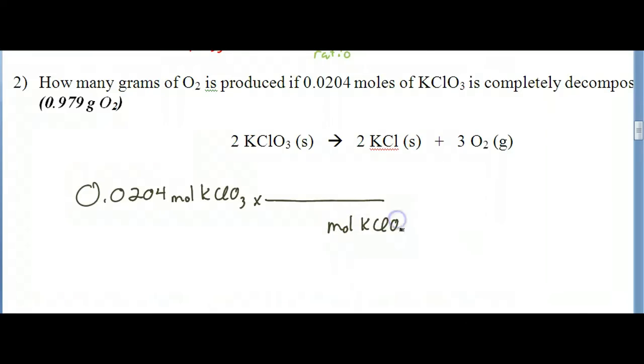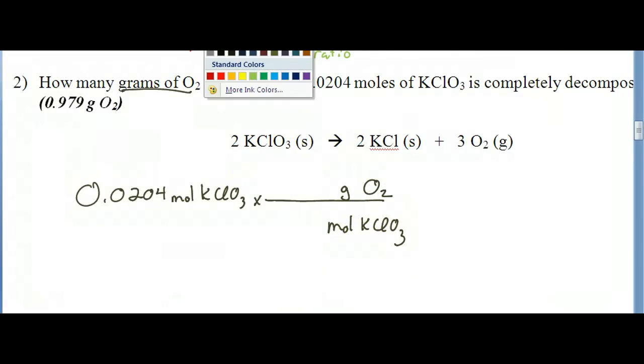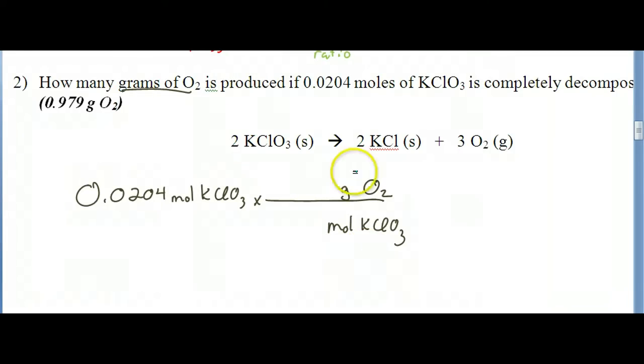And now what can we convert this to? We can convert moles to molecules or grams of KClO3, but we're trying to get to grams of O2. So I put grams of O2 on top, except that I cannot convert moles of something to grams of something else. And so to convert from 1 molecule to another molecule, I have to use this mole ratio.